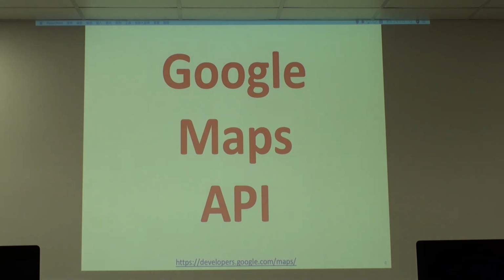Do you know how to integrate Google Maps into your final project? Is it an easy task, or is it a challenging task? It is very easy, because what you have to do is just copy the JavaScript into your HTML.